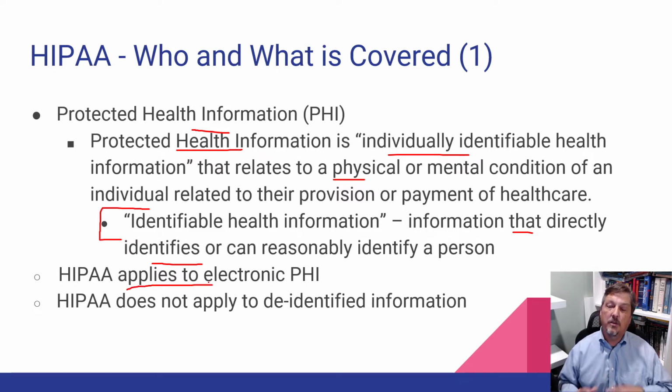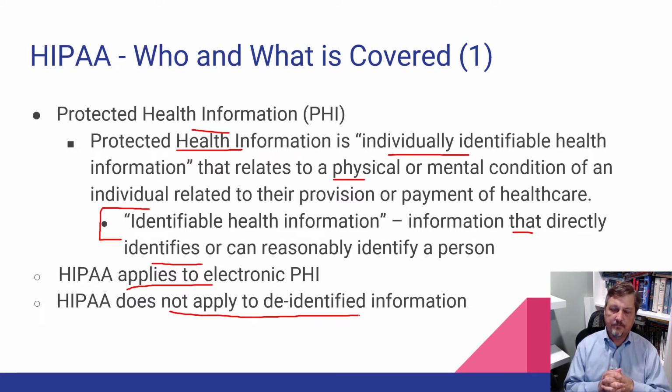HIPAA also applies to electronic PHI or ePHI, and we'll see how that also relates to the security rule in a moment. HIPAA does not apply to de-identified health information, which by definition would not be PHI because it's not personally identifiable. So, for example, if we have a hospital that has all of its treatment records, and the cardiology unit has records of all of the cardiac catheterizations performed in the past year, and those records are linked to specific names of patients, well, that linked information is PHI.